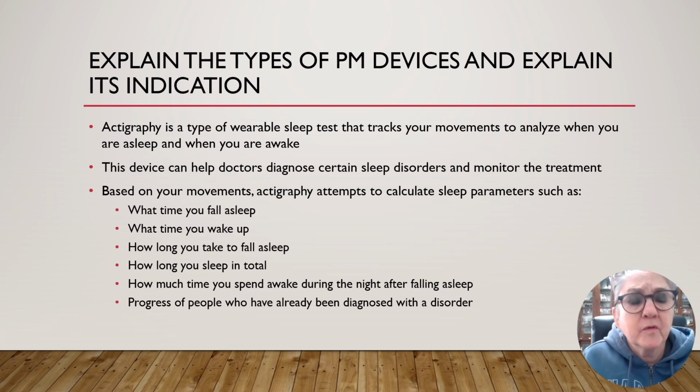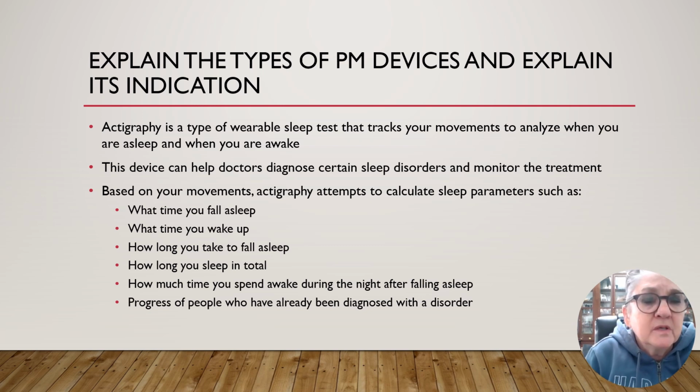As explained earlier, there are 3 types of portable monitoring devices, and they classify under S1 through S4. They were wearables, bed sensors, and mattress sensors. Actigraphy is a type of wearable sleep test that tracks your movements to analyze when you are asleep and when you're awake. This device can help doctors diagnose certain sleep disorders and monitor treatments.